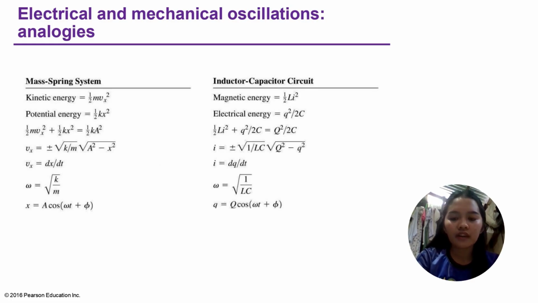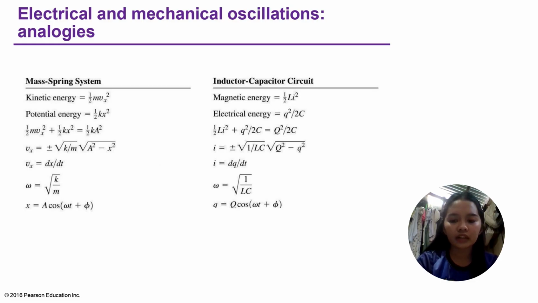So the equations governing the energy, velocity or current, and displacement or charge are strikingly similar, but they differ only in the symbols used to represent the physical quantities. So this analogy provides a powerful tool for understanding the behavior of LC circuits.